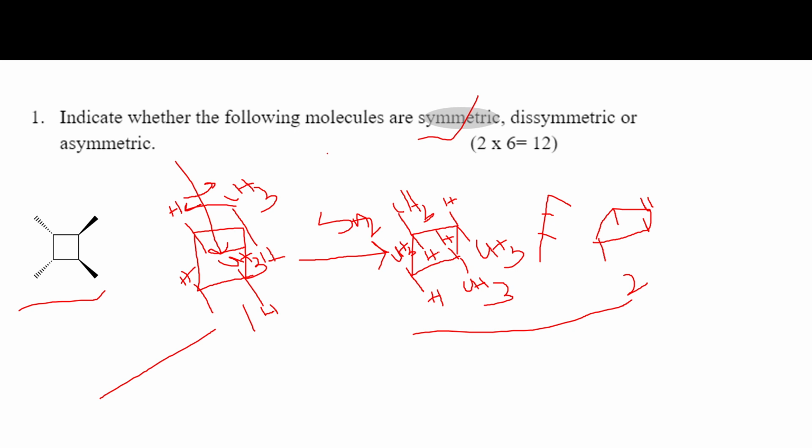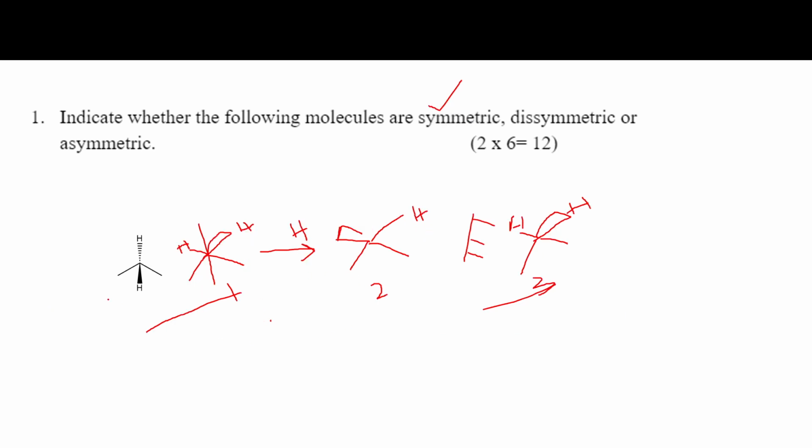If this molecule gives the same, then that molecule will be symmetric. So this molecule is an example of a symmetric molecule.